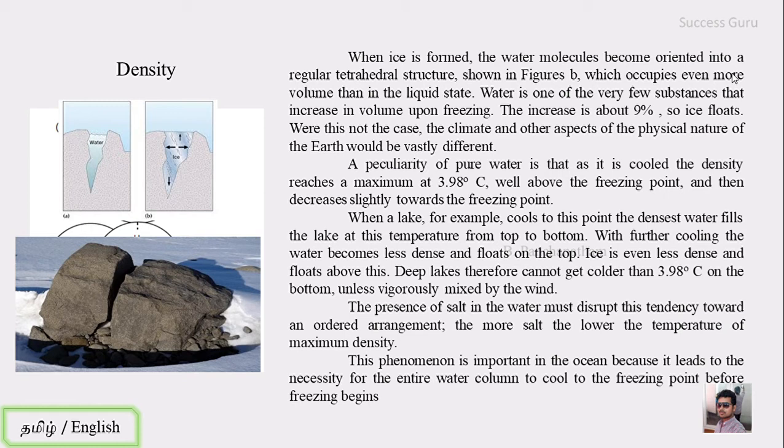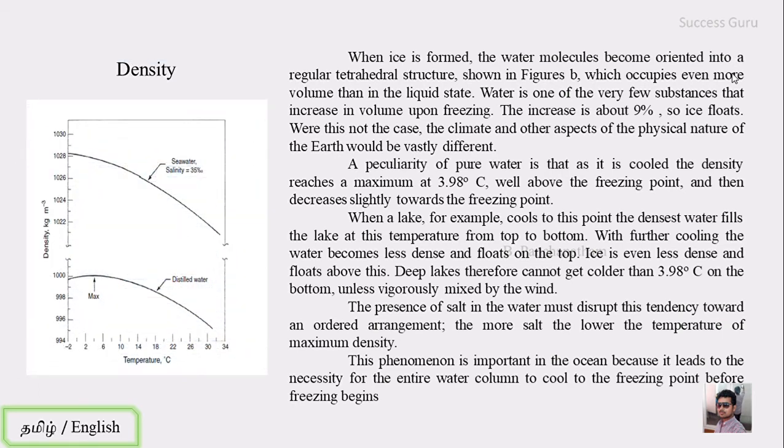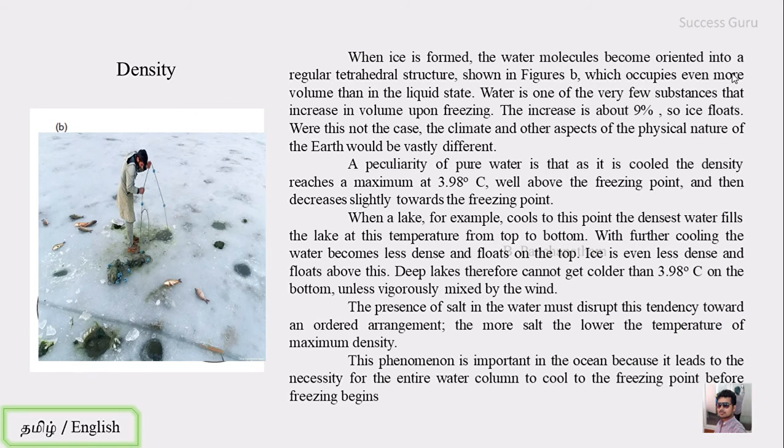The ice is even less dense, which is formed on the water, so the low-density ice will float on the surface of the water, and that leads the lake to remain ice on the surface and water on the bottom. And this leads to what, the existence of living biotics under the ice cap.